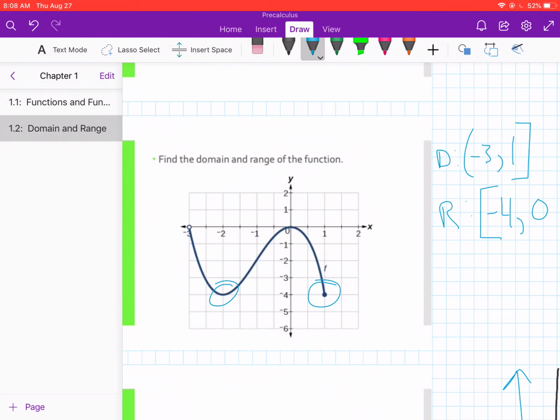You only need one of them to be included in order to use a bracket. They both don't have to be included. At 0, again, we have 2. We have an open and a closed. That closed is going to override the open, and we're going to use a bracket. So the range is from -4 to 0, both included.